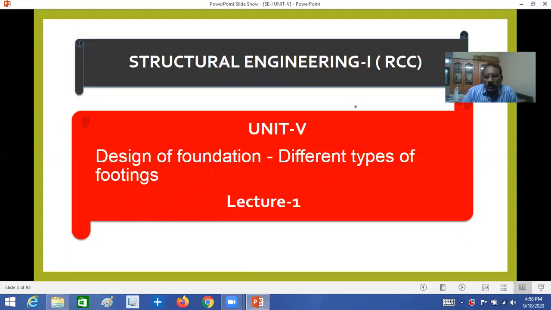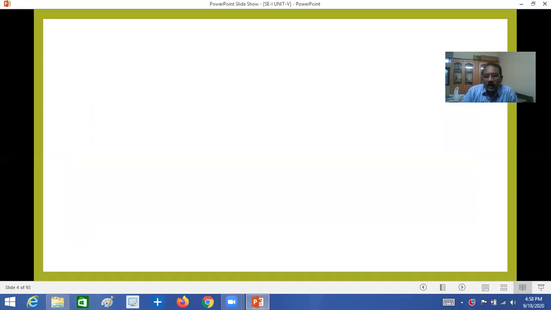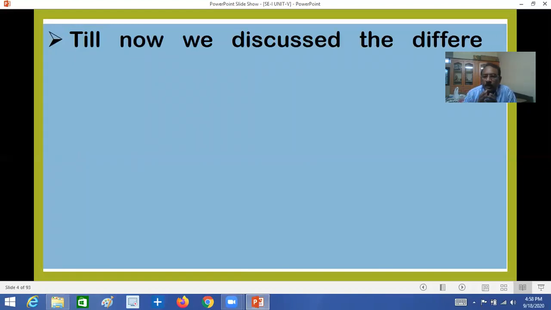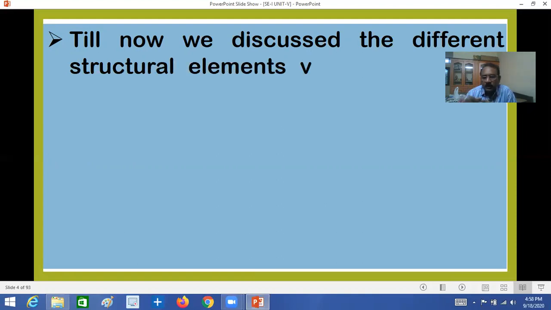As you know very well, the load will transfer from the top of the slab to beams to columns to footings, that is, the foundation. Ultimately, it will transfer to the soil.